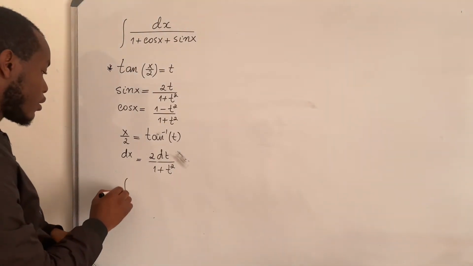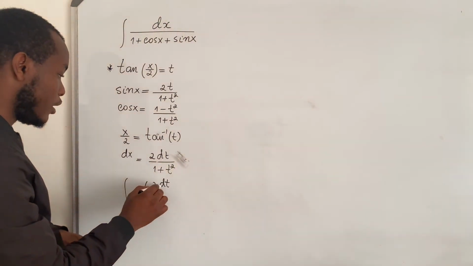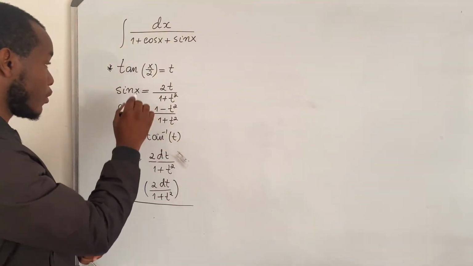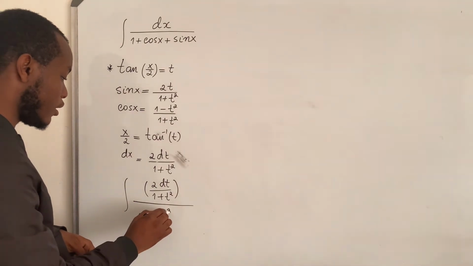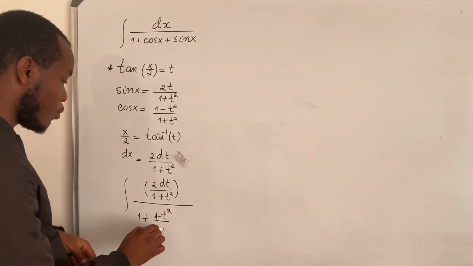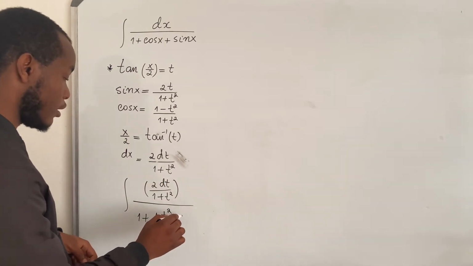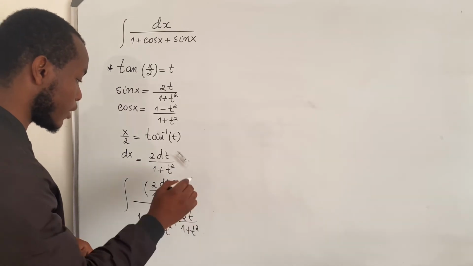We're going to have the integral where there is dx, we're going to have 2 dt over 1 plus t squared, over 1 plus the expression for cos, 1 minus t squared over 1 plus t squared, plus the expression for sine, 2t over 1 plus t squared.